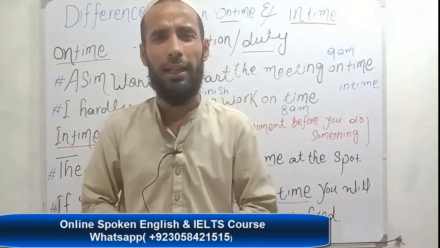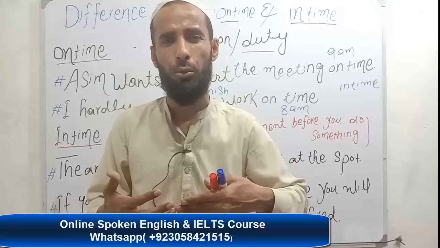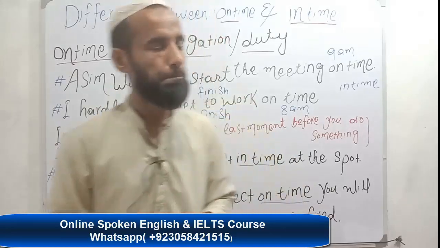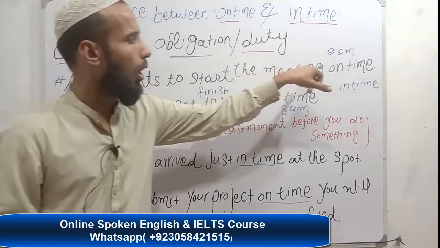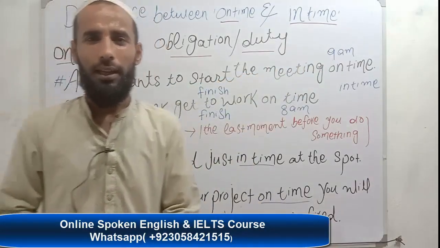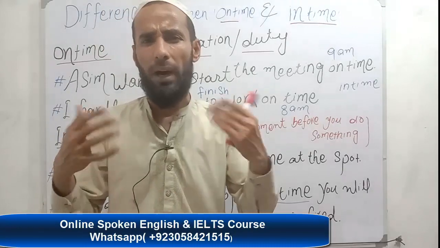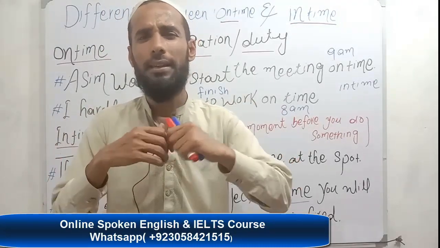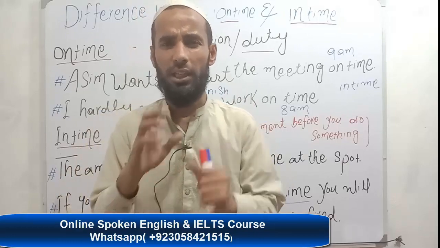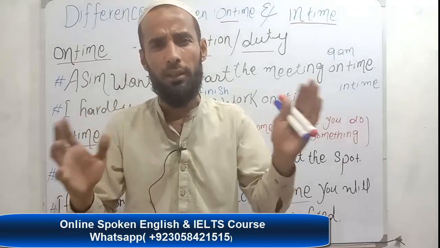Now let's have a look at some examples in order to understand it more. Asim wants to start the meeting on time. Maybe Asim is quite punctual and particular regarding his work. He doesn't really want to be late. He just wants to start his meeting on time.